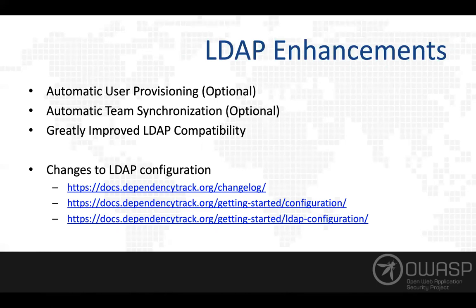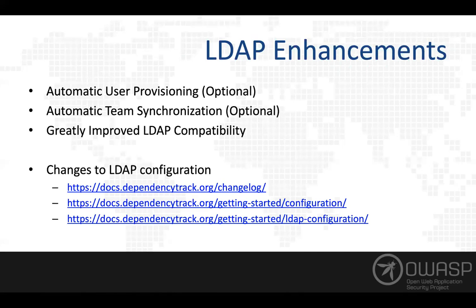Two new features that were added to this release, though, is the automatic provisioning of users, as well as the automatic synchronization of teams in Dependency-Track to LDAP groups in your directory server. So these are optional features. They are disabled by default, but there are configuration parameters that allow you to automatically provision users, for example.